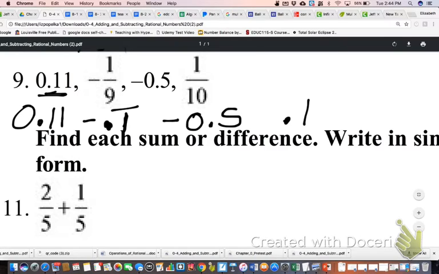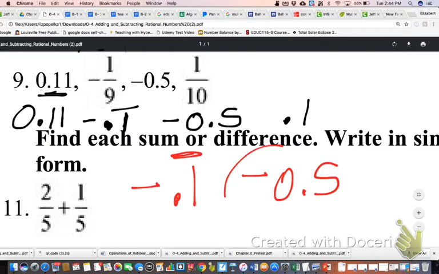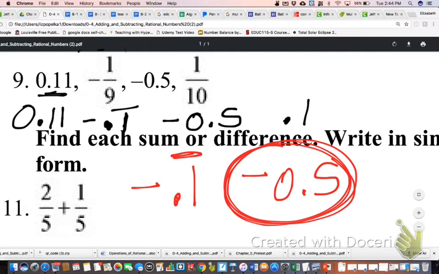Actually, I'm going to write this in red because, as you guys know from class, I write things in red when I'm making a mistake. So a lot of people would say -0.1 repeating is the smallest, and the -0.5 is the next smallest. But that is actually not the case because we're dealing with negative numbers. Okay, so the one that's actually the smallest is the one that is even more negative. -0.5 is smaller than -0.1.